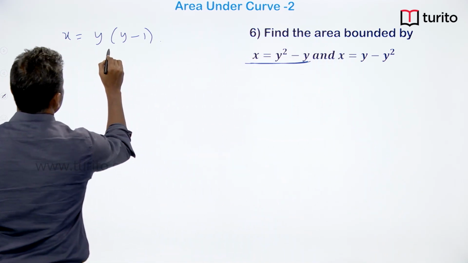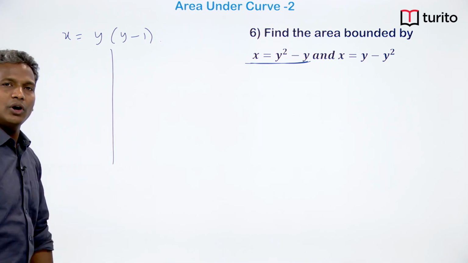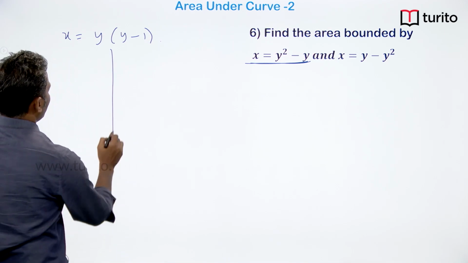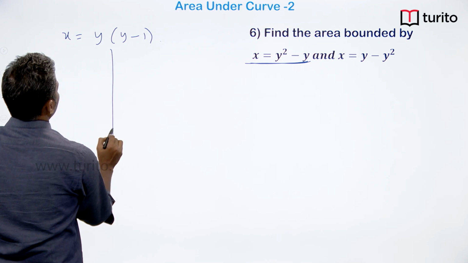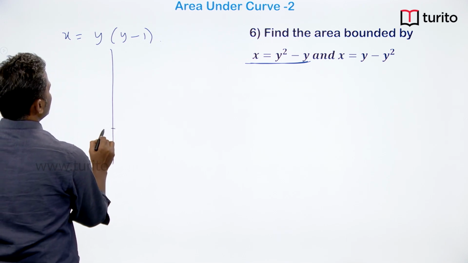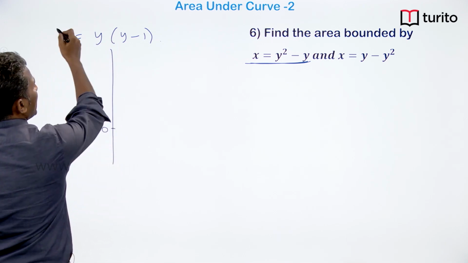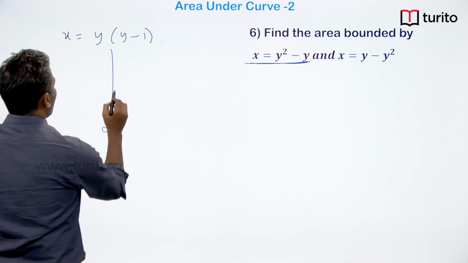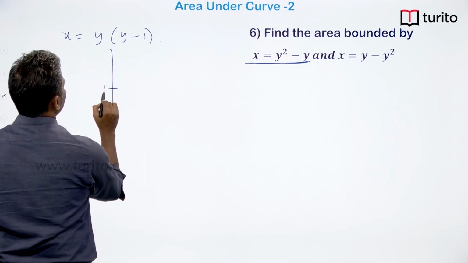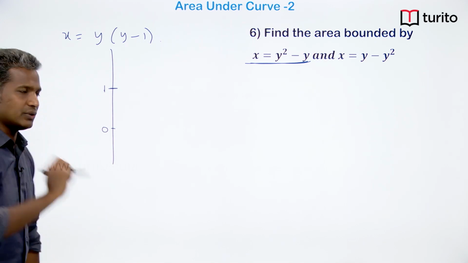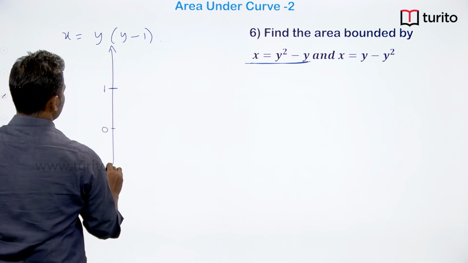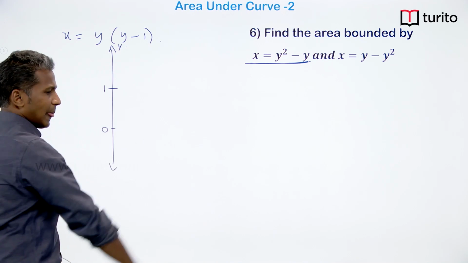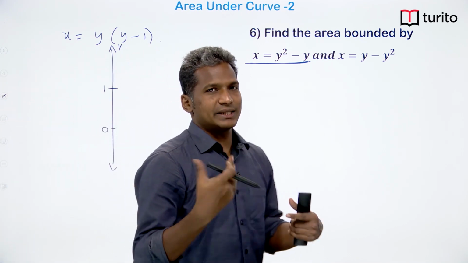So on y axis we have inputs, on x axis we have outputs, and when y is equal to 0, x is 0, and when y is equal to 1, x is 0. This is my y axis. Now let us put signs.